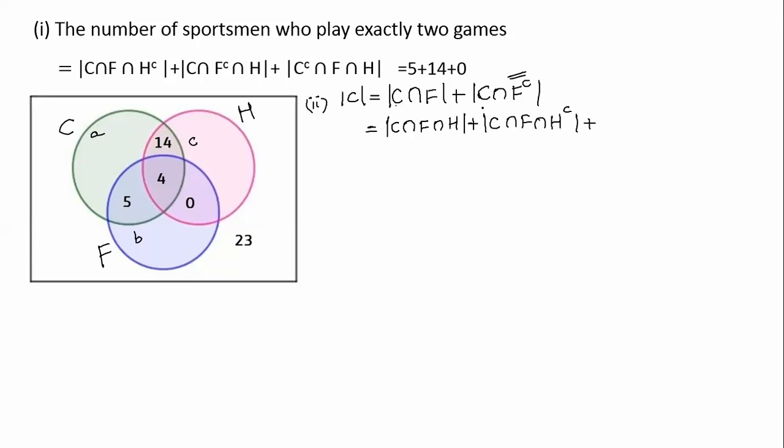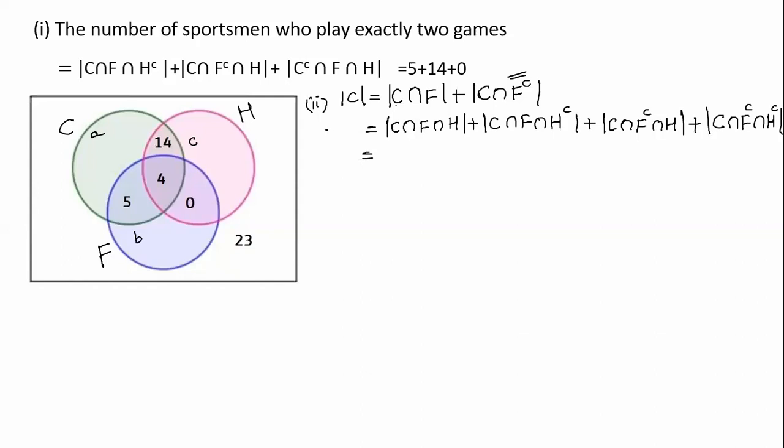Similarly, the second part, the number of people who play cricket but not football, is equal to those who play cricket, not football and hockey, plus the number of people who play cricket, who do not play football, and who do not play hockey. So as such, you have to find out.